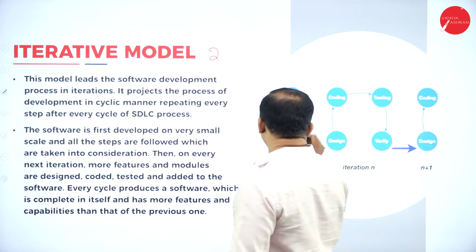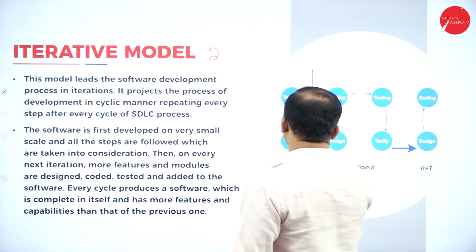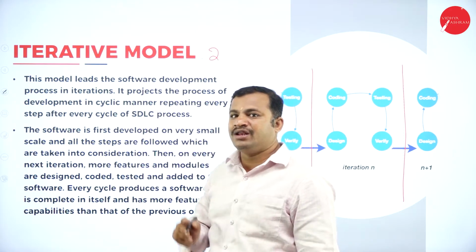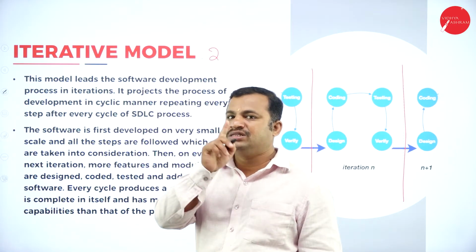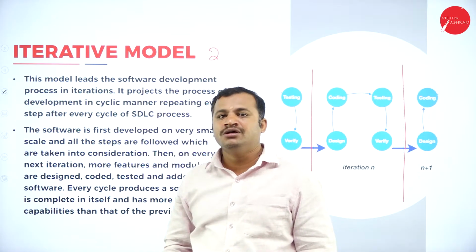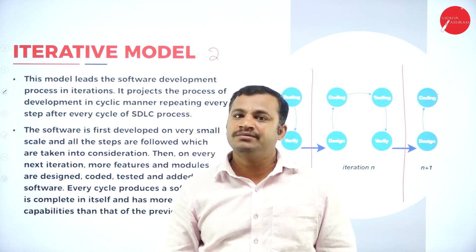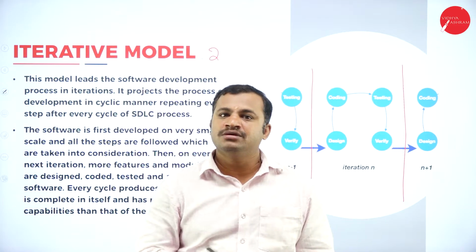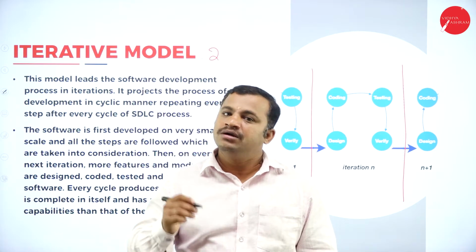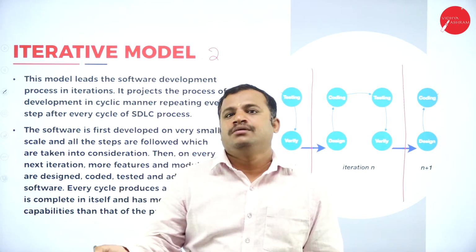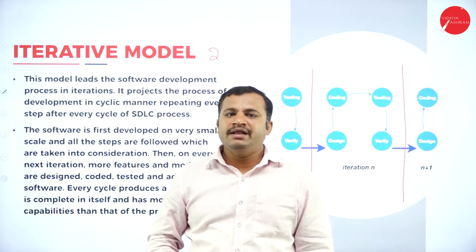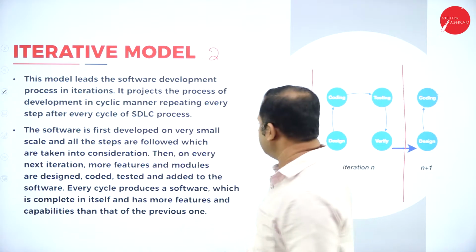And if you go ahead to the second iteration, that is iteration n, where n is equal to 2, again you have to follow the same procedure: requirements gathering, system analysis and design, coding, testing, implementation, then operations and maintenance, everything has to be carried out in the next iteration.